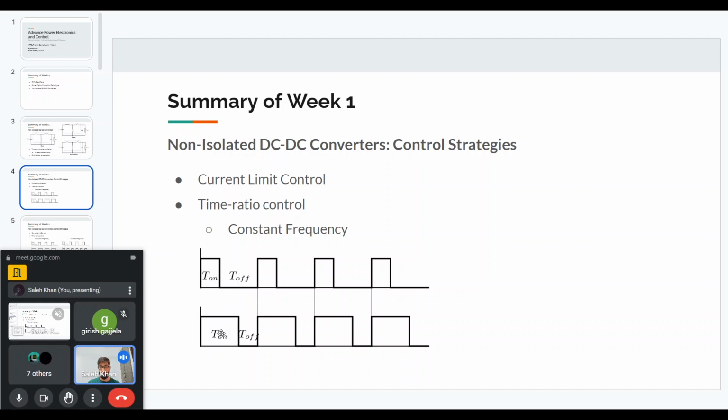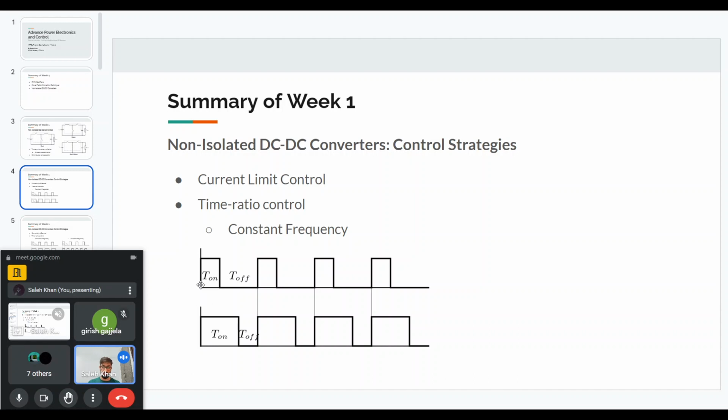In the bottom diagram, T on has been increased, but the total time T on plus T off is the same. That is why it is called constant frequency, because this is the switching frequency, how fast or how slow the switch is turning on and off. In this case, the switching frequency is constant.